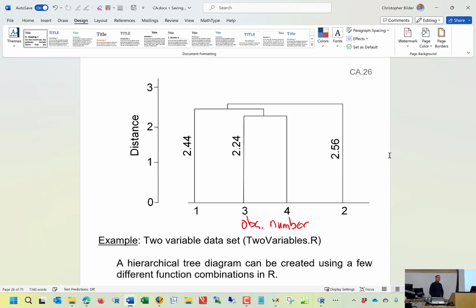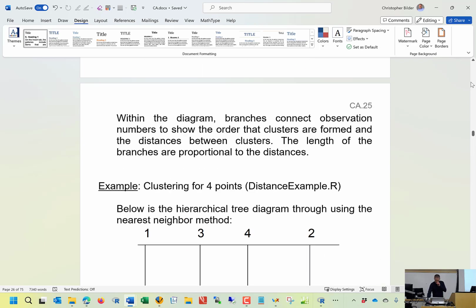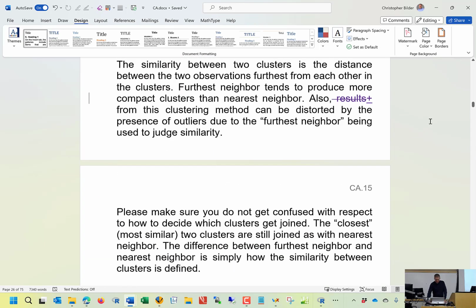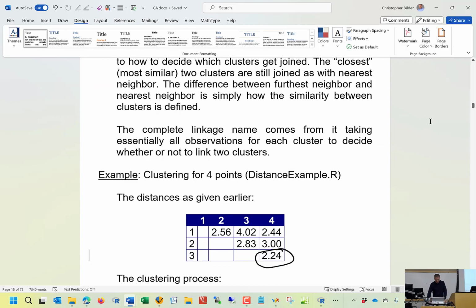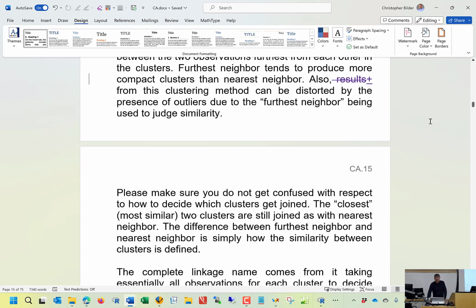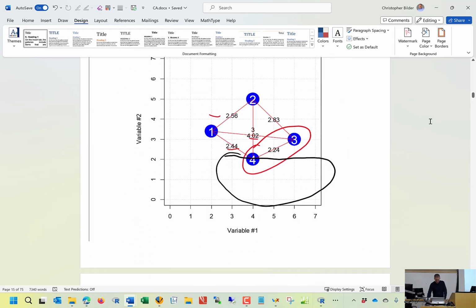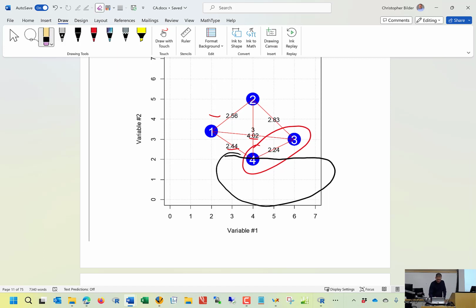Okay. Now, if we go back, we'll look at nearest neighbor again. Go back to when we first looked at this. Let's see here. Do a little bit of erasing. I saw the problem from last time.